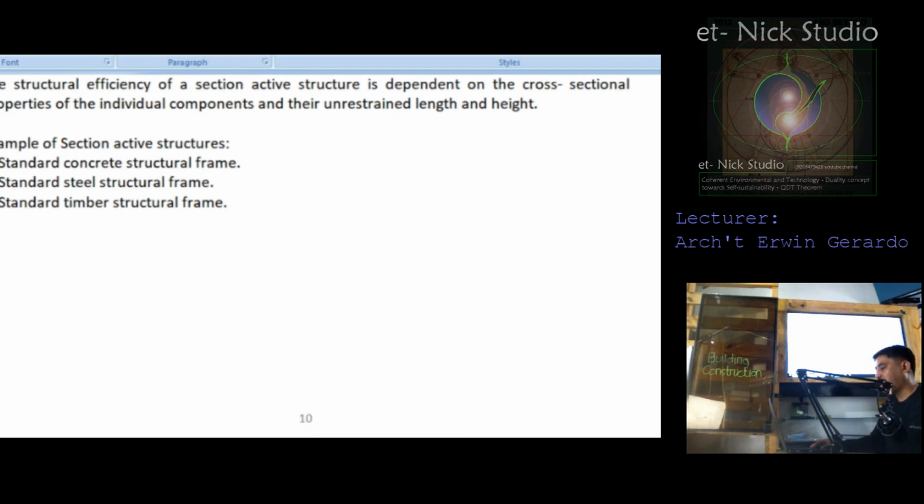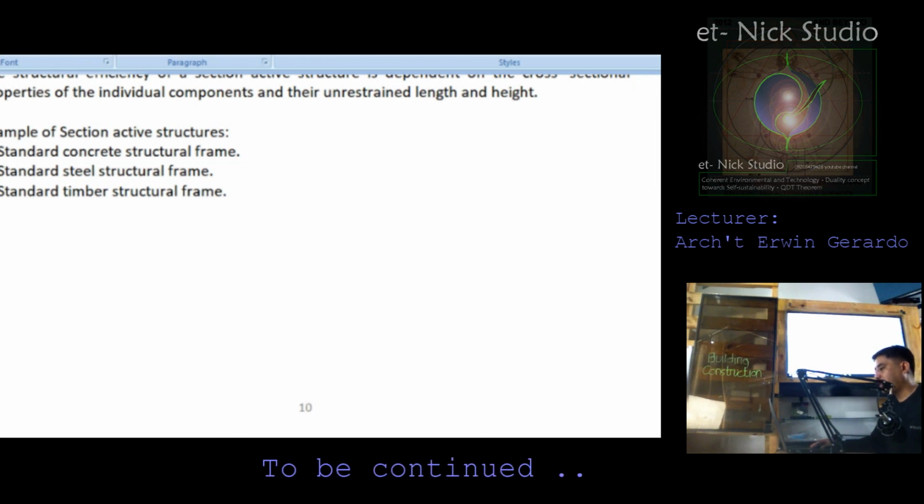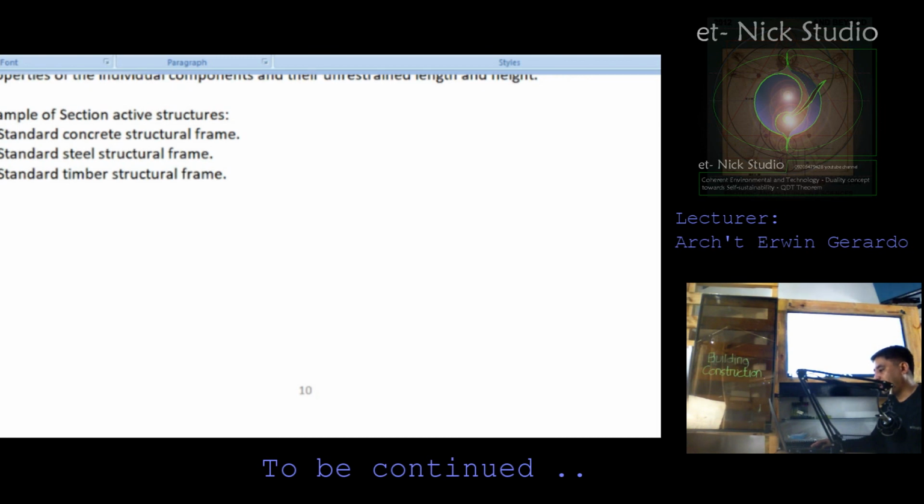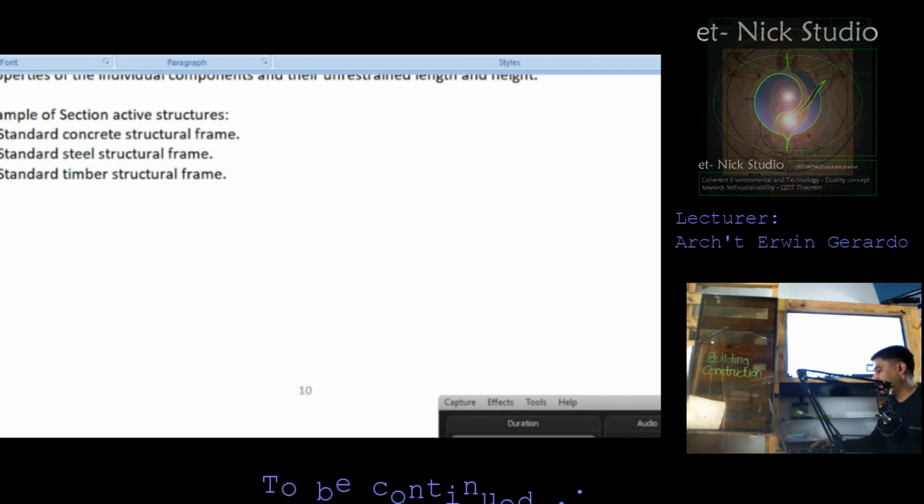Examples of section active structures: number one is the standard concrete structural frame. Number two, standard steel structural frame. And number three is standard timber structural frame. So this ends my lesson.